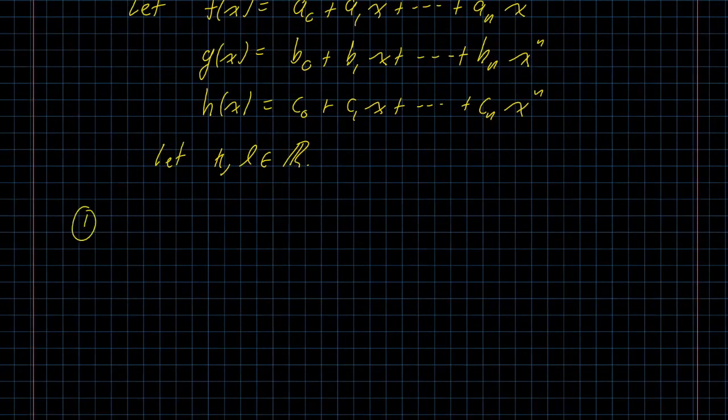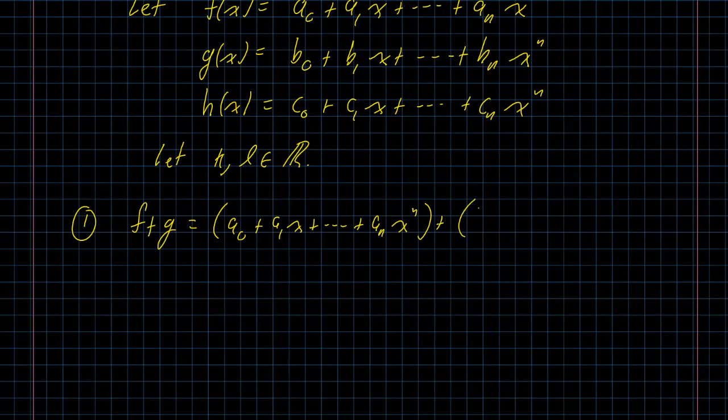And one by one. The first property is closure. So we want to look at f plus g, right? Using the customary definition of adding two functions, f plus g is this sum.